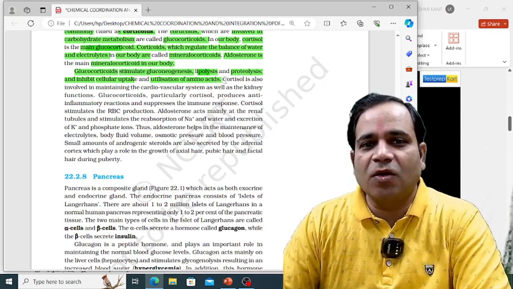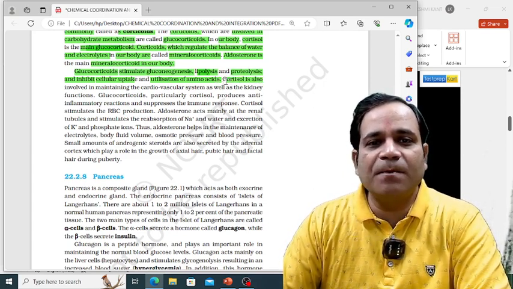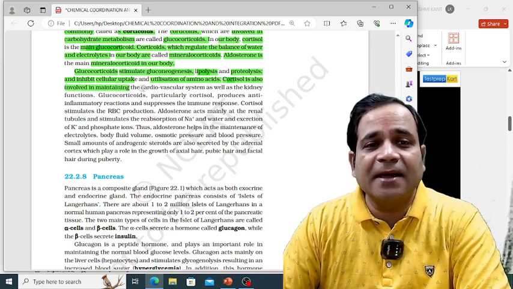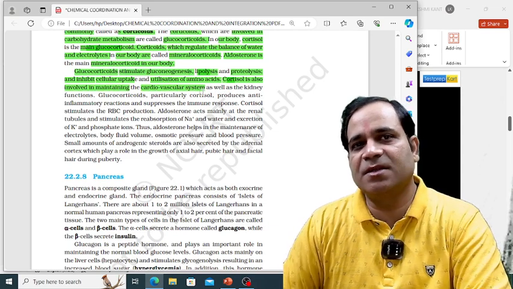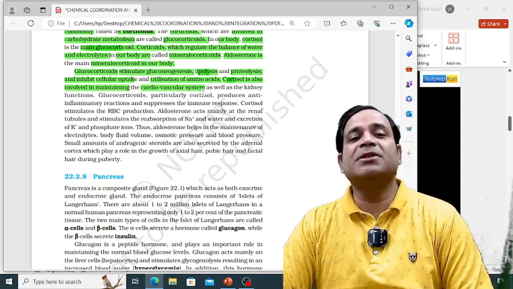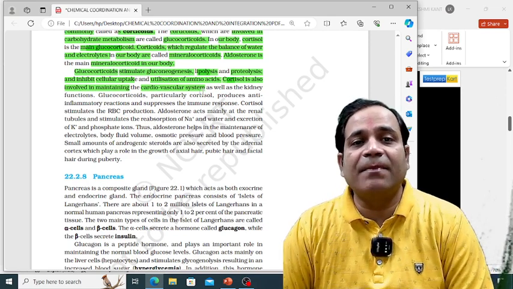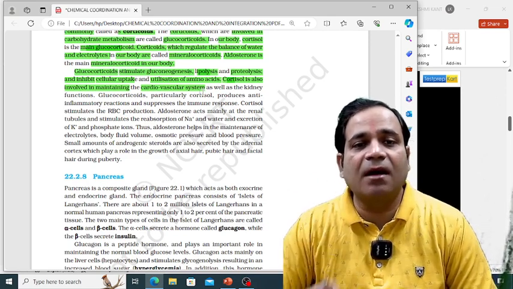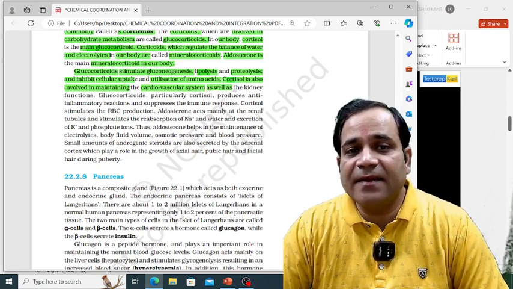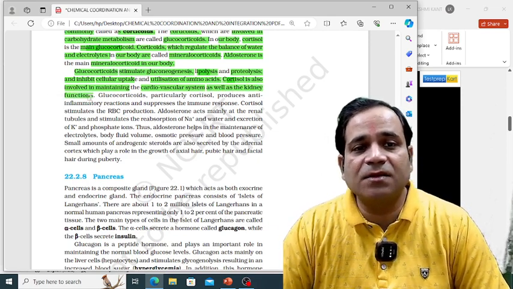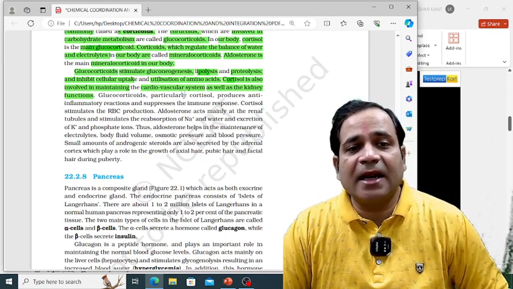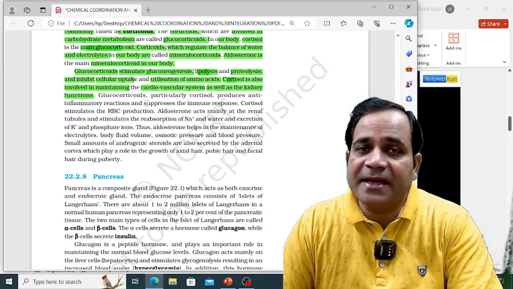Cortisol is also involved in maintaining the cardiovascular system, which supplies oxygen to the heart, as well as kidney function.